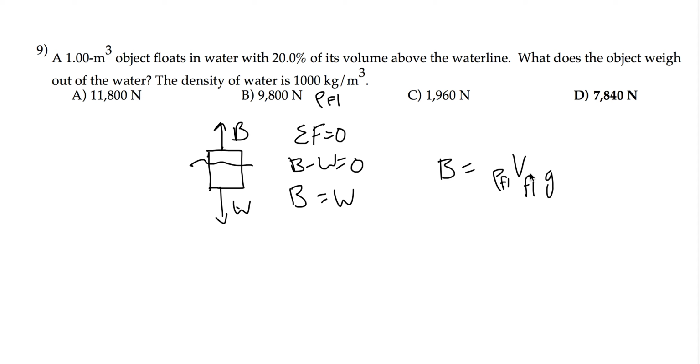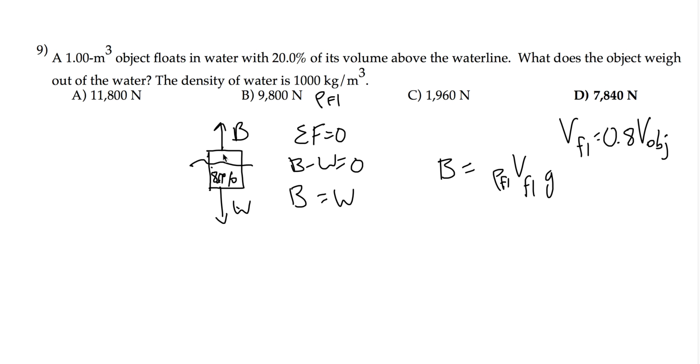The density of the fluid is again 1,000 right here. We need to figure out how much fluid is displaced. Well, if 20% of the object is out of the water, that means 80% of the object is in the water. That means that the volume of the fluid displaced is equal to 0.8 times the volume of the object, because this 80% is what's displacing the water.